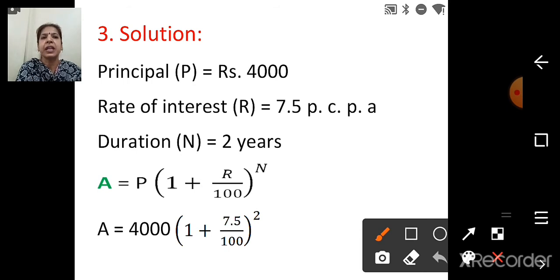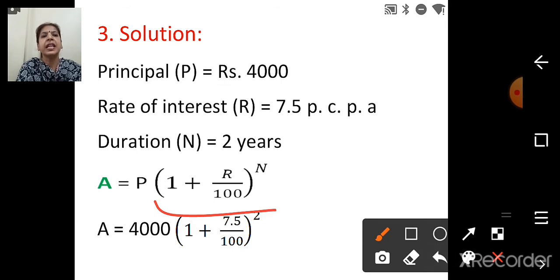Duration, that is the period N, is 2 years. A is the amount. First, children, you have to remember the formula, and we will write the formula first. A is equal to P into 1 plus R upon 100, and see where we put the bracket raised to N.